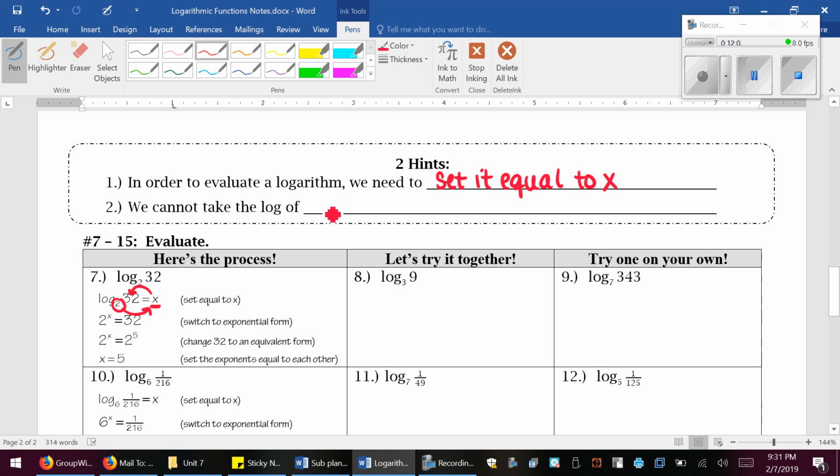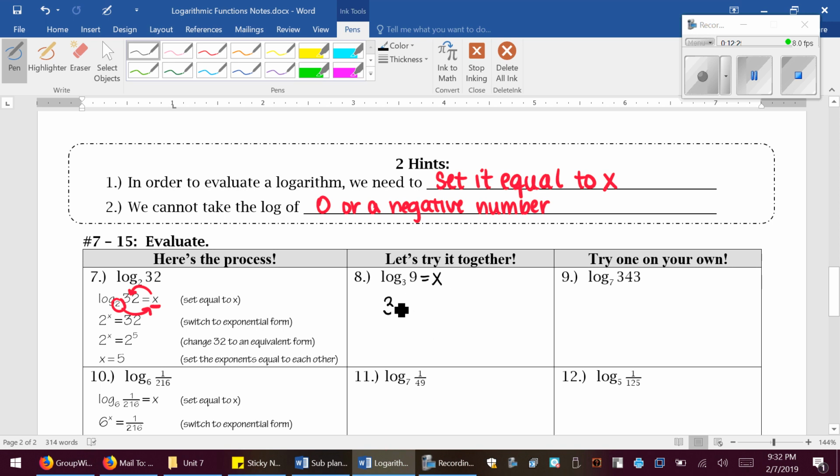One hint is that you cannot take the log of 0 or a negative number. So when we get down to the solving at the bottom, we do have to check for extraneous solutions. Let's try number 8. In order to evaluate, you have to set it equal to something. I like x. I'm going to switch it to exponential form.